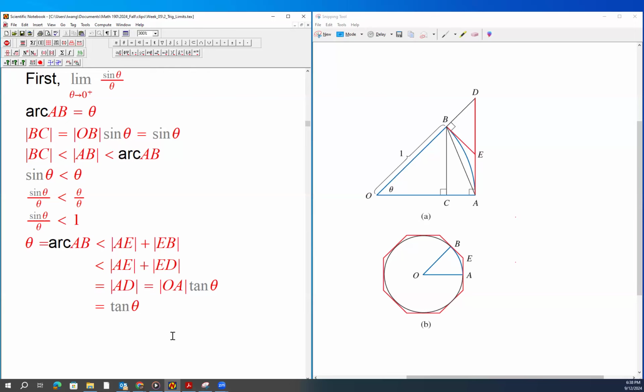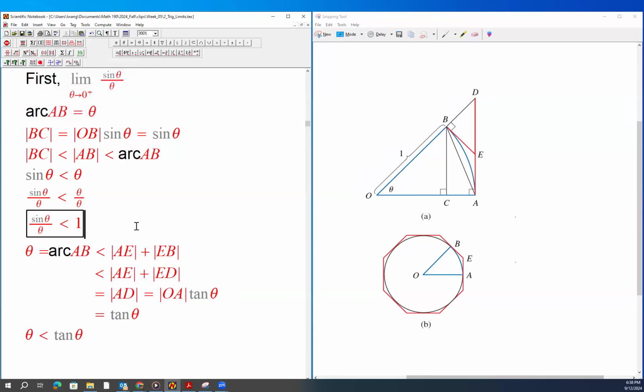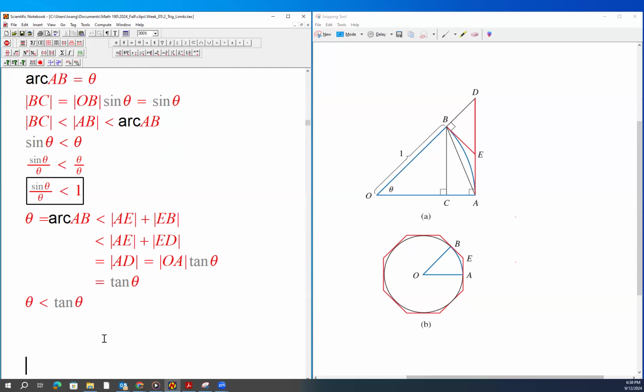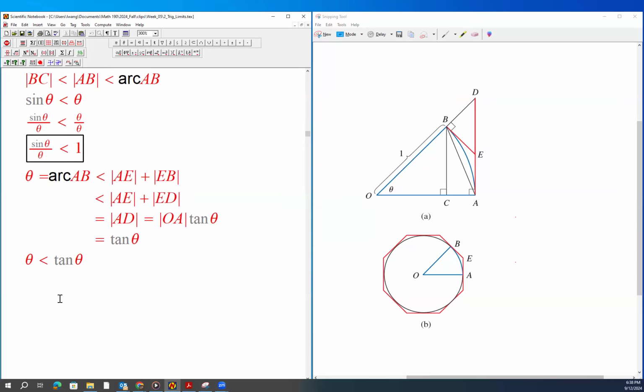So we have demonstrated that theta is less than tangent theta. Okay, so we got this piece, and we also got theta less than tangent theta. Let's move up a little bit.